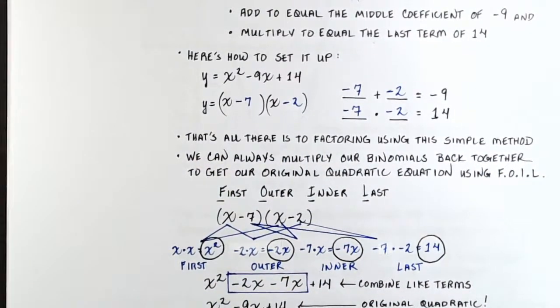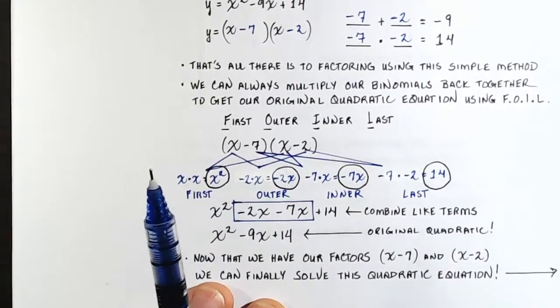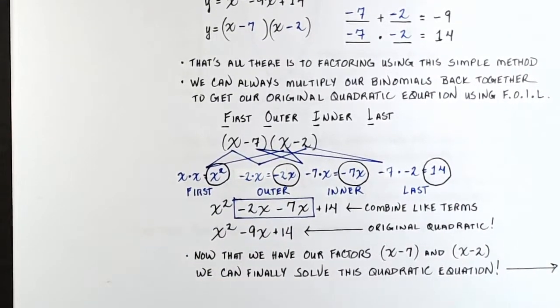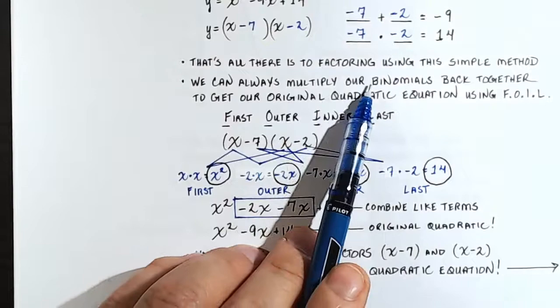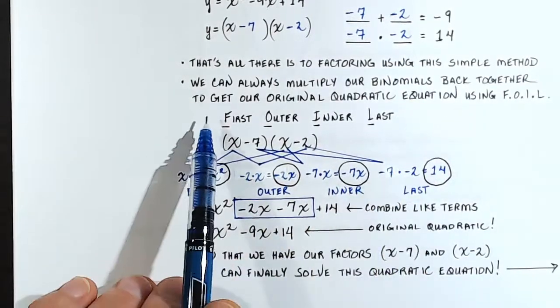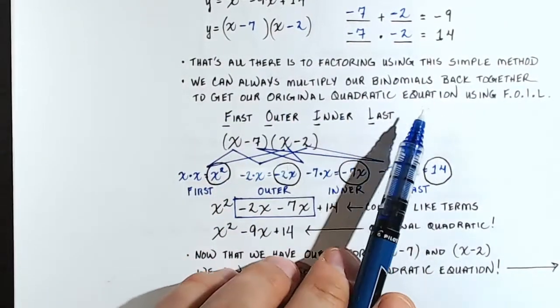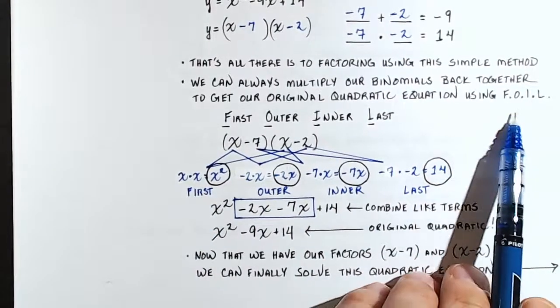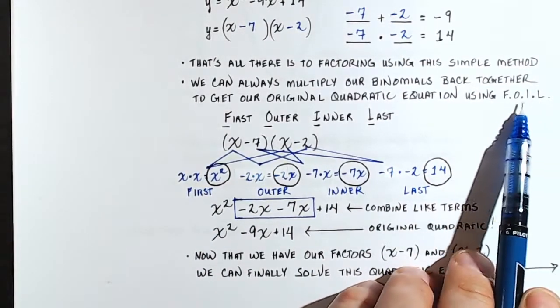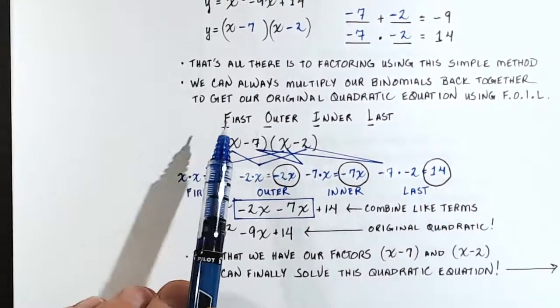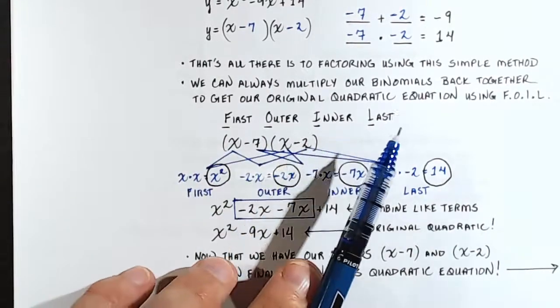Now, notice this. Whenever we factor something, we should always be able to multiply our binomials back together to get our original quadratic equation using a method called FOIL. FOIL stands for first, outer, inner, last.